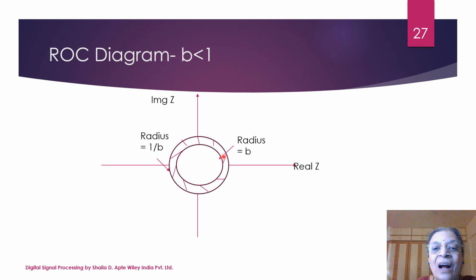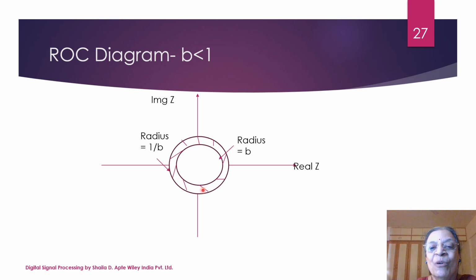The area for the right-handed sequence to converge will be the area outside this radius equal to b, which is less than 1 as we have said, and the left-handed sequence converges in the area inside this circle with radius equal to 1 by b, b being less than 1, so this will be greater than 1.